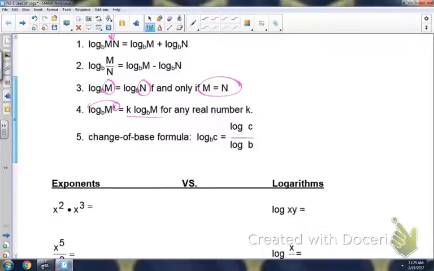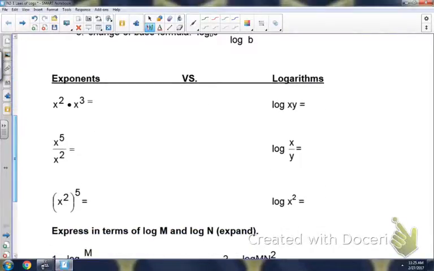Okay, so we're going to look at the difference between laws of exponents and laws of logarithms. On the first one, we're multiplying. When we multiply, we add the exponents, so that would be x to the 5th. On the right, on your logarithms, we're multiplying x and y. We can also add those, so log of x plus log of y.